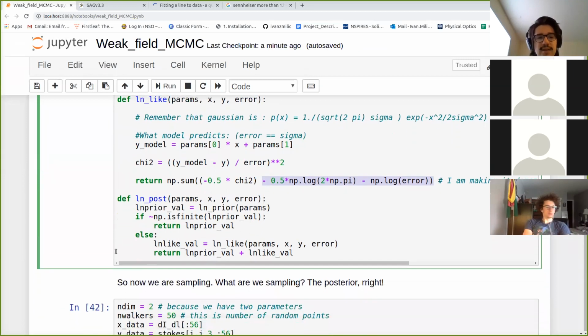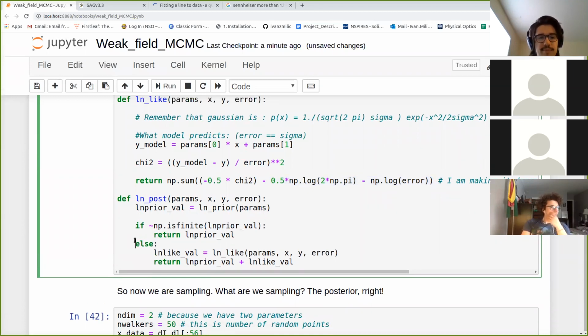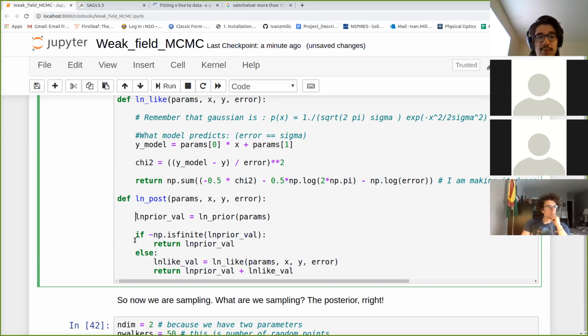And then finally, I have my priors and I have my posterior, which is just going to be the sum of my prior and likelihood, because in principle it should be a product, but since now we are in the log scale, it's going to be the sum. And keep in mind, what is Bayes' theorem saying?